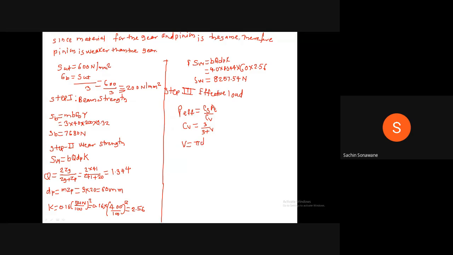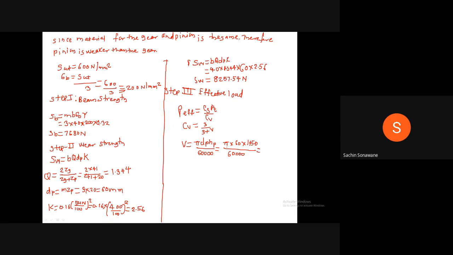pi dp np divided by 60,000. Why have we taken 60,000? Because we are going to substitute the value of dp in mm. Therefore pi into dp is equal to 60 into what is np? 1450 divided by 60,000.